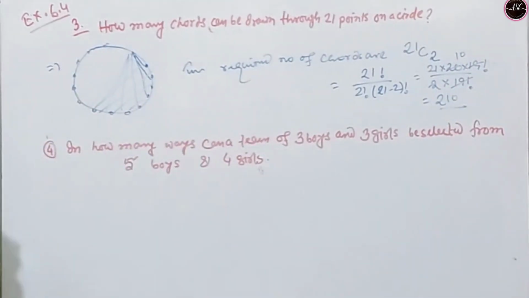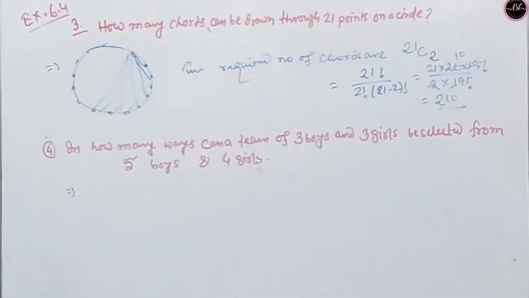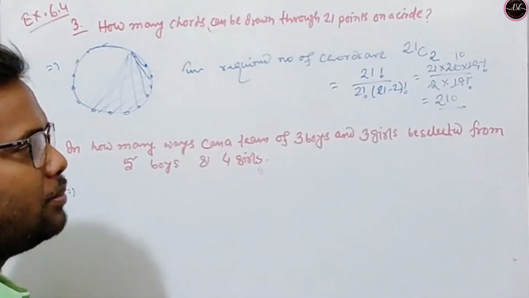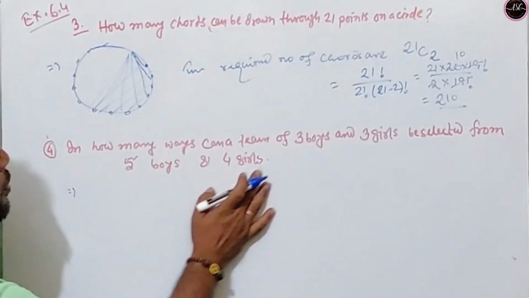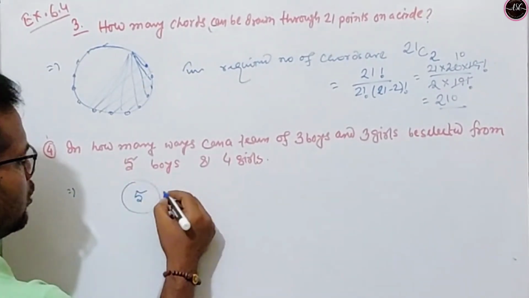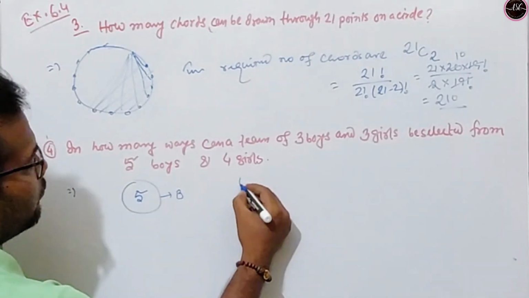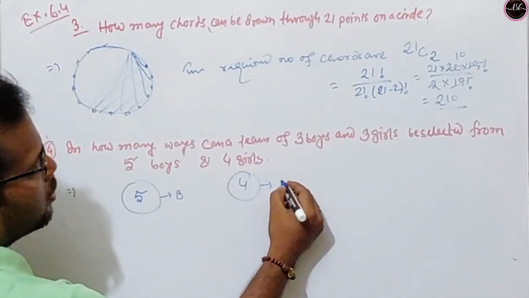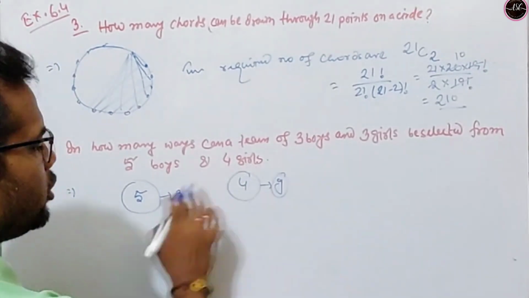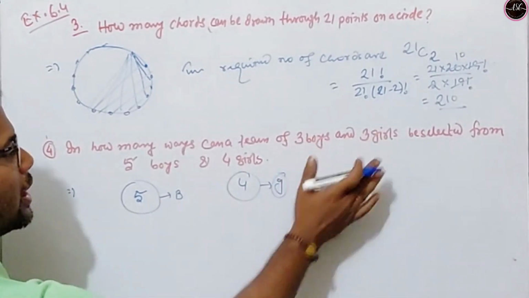Okay. Then look at this. Here, in how many ways can a team of 3 boys and 3 girls be selected from 5 boys and 4 girls? So we have 5 boys, okay, and 4 girls. From here, 3 boys should be chosen, and from 4, 3 girls should be chosen.